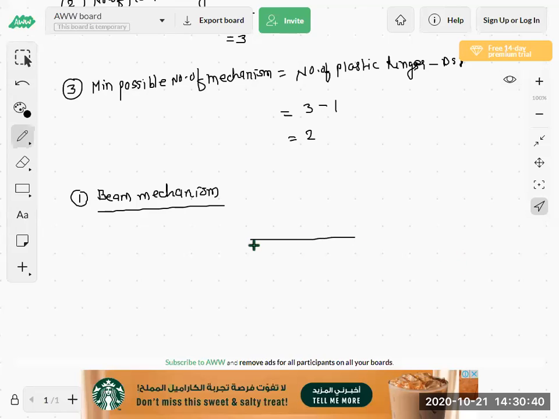For span BC. BC is the horizontal member, and on the horizontal member there is a 200 kilonewton load at a distance of 2 meter from support B and 3 meter from support C. So this is the beam carrying a 200 kilonewton point load. For this beam, the first mechanism we are going to solve.